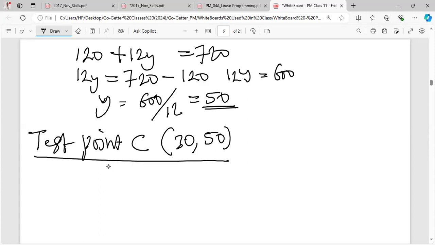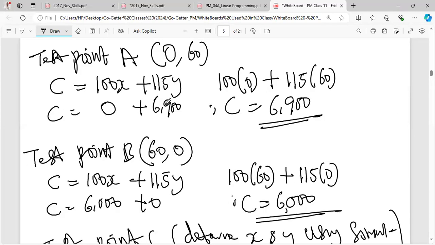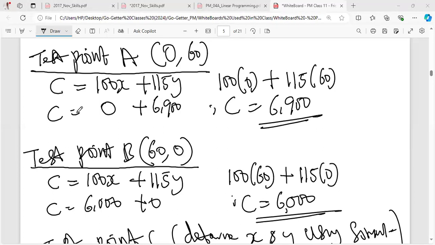You know, we had to do simultaneous equations to find the value of x and y. When we did test point A, we already knew the value of x and y in point A. We know the value of x and y in point B. And we don't know the value of x and y in point C.